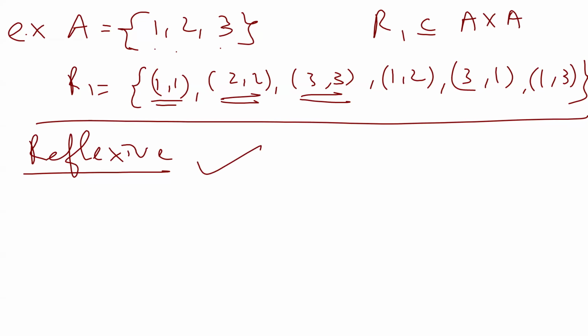All three are present. So A relates to A, and (A, A) belongs to R1. Therefore, it's reflexive.